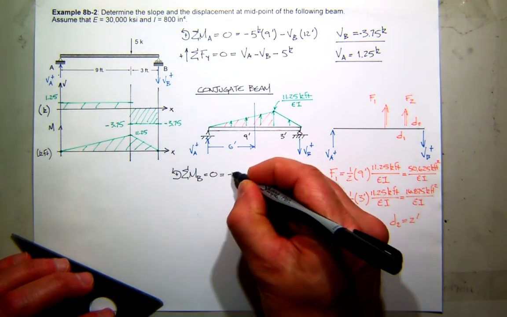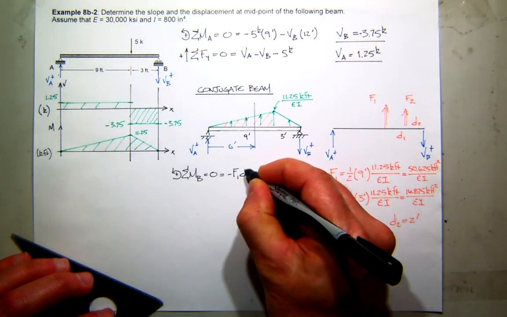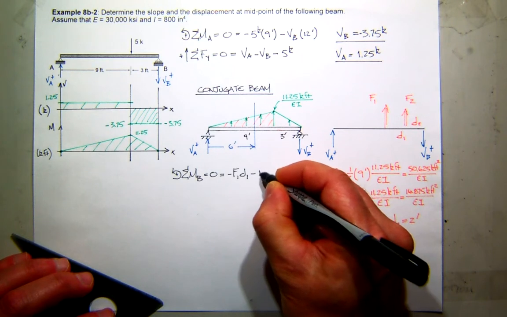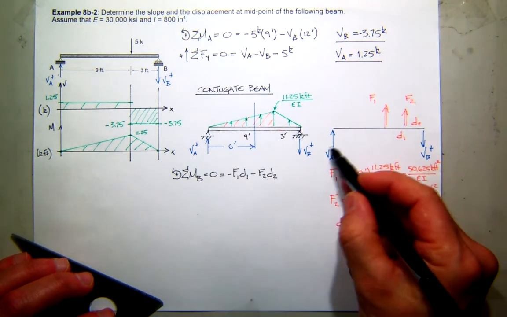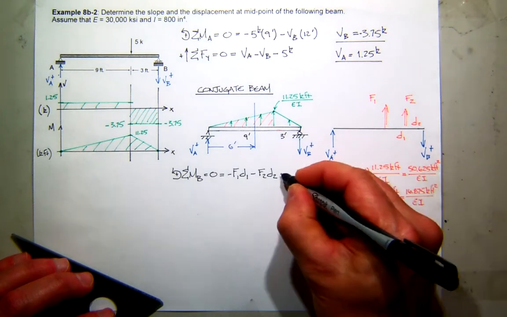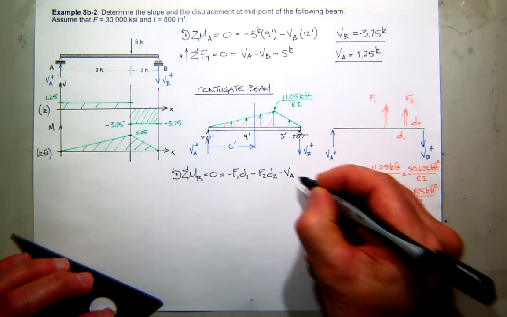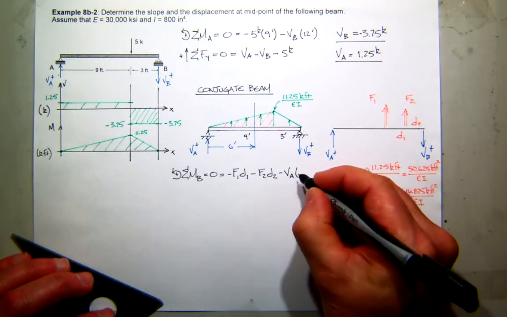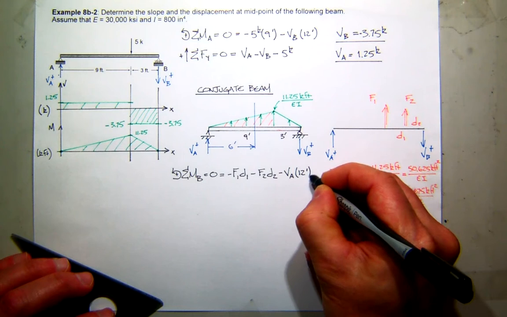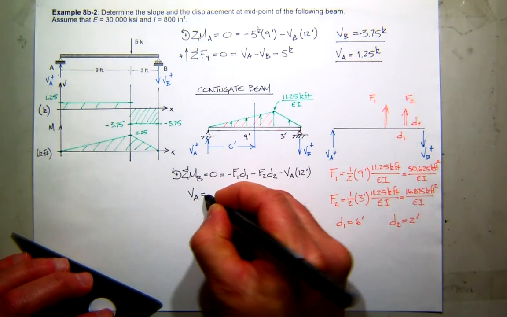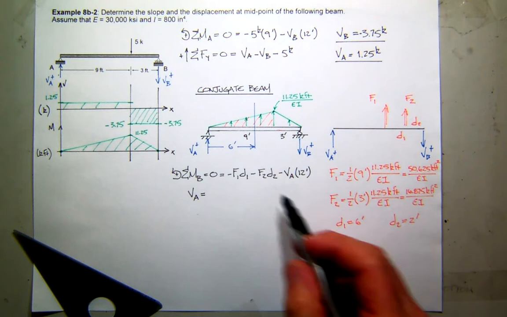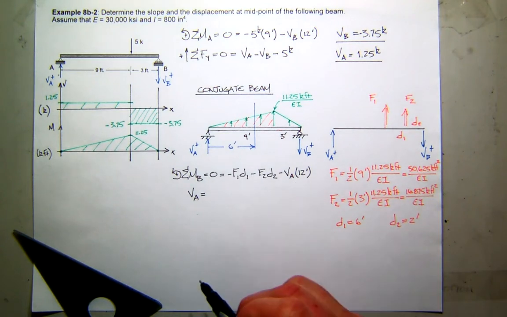So I'm going to have minus F1 times D1 minus F2 times D2, and then the shear is also negative: minus the shear at A times 12. So we should be able to solve for the shear at A. I'll let you put all those numbers into that and tell me what the shear at A should be.